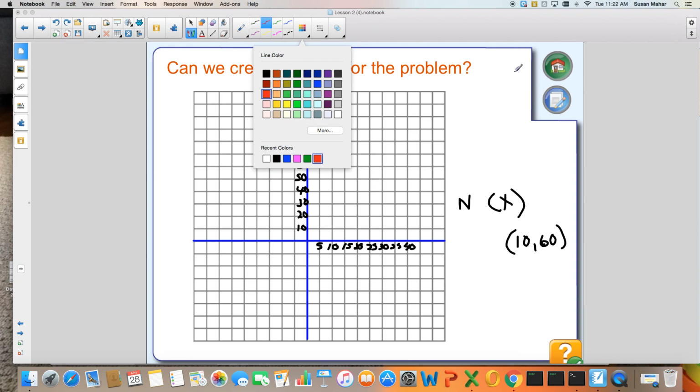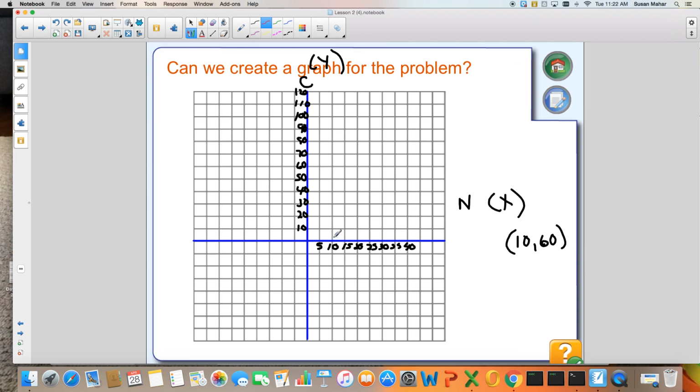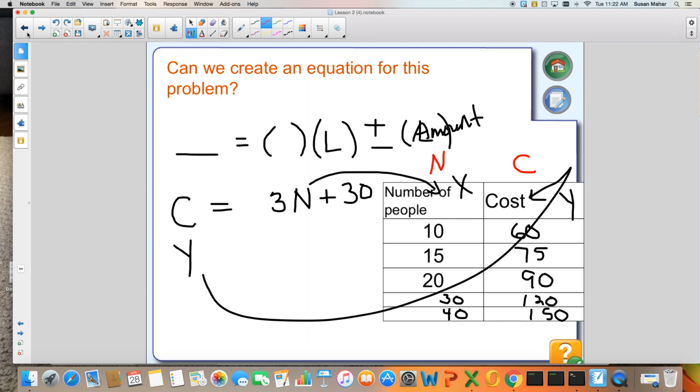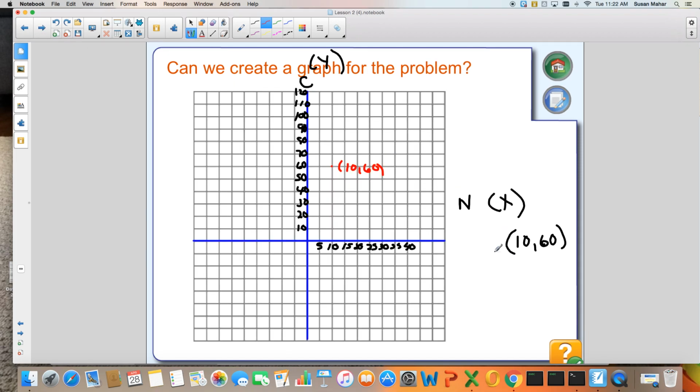I'm going to make a red dot at 10 and 60. Then I'm going to pick up my next ordered pair, 15 and 75.